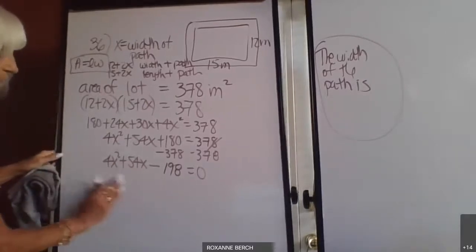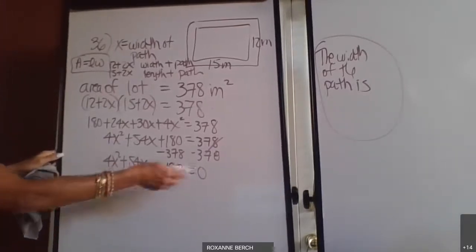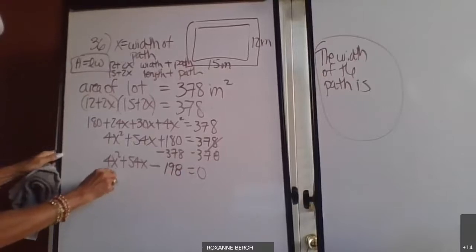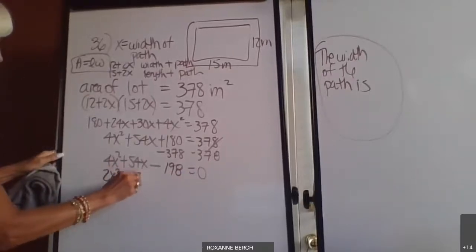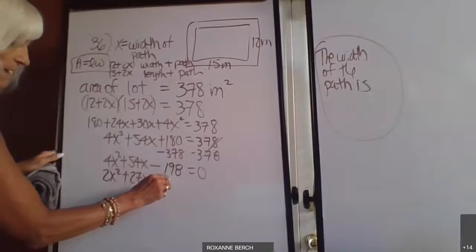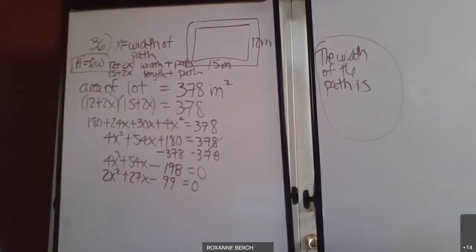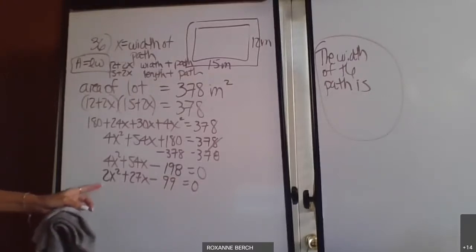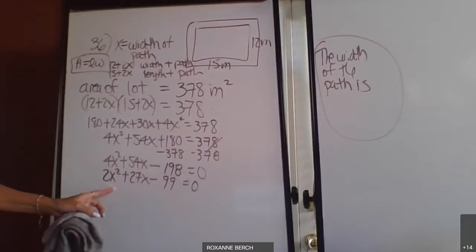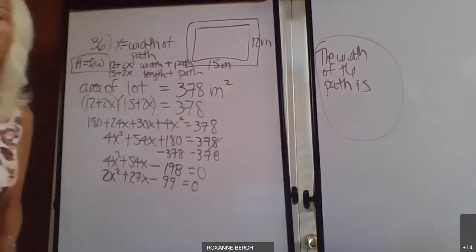And you can't divide by 4, but you can divide by 2. So divide by 2, divide by 2, divide by 2. All right, so you can do it. You can finish it. And you guys try to finish it.